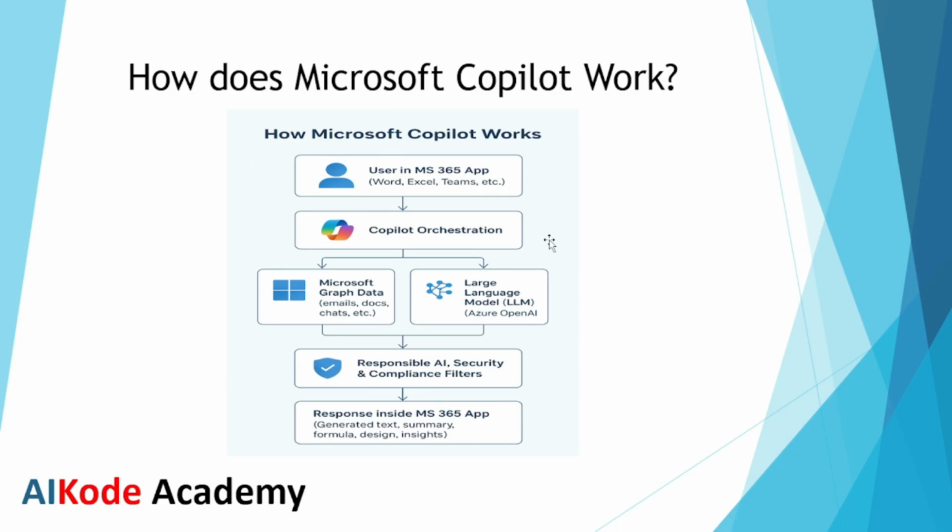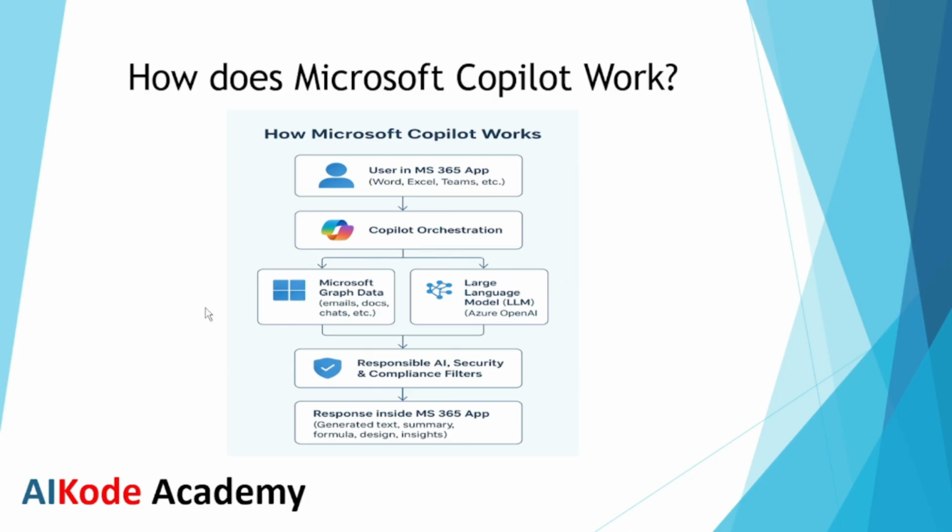Once it identifies that, the next request goes to Microsoft Graph. This is like your personal work memory. It connects to your emails, documents, calendars, chats, and meetings.